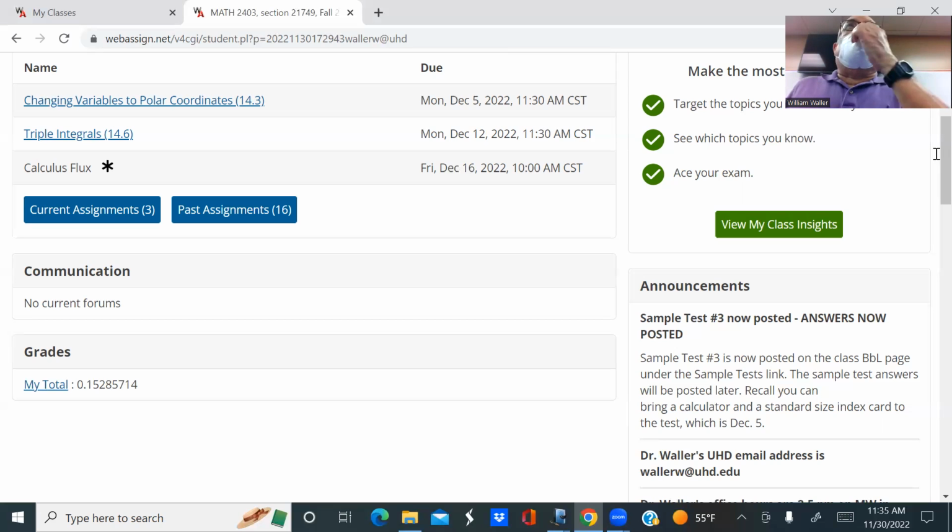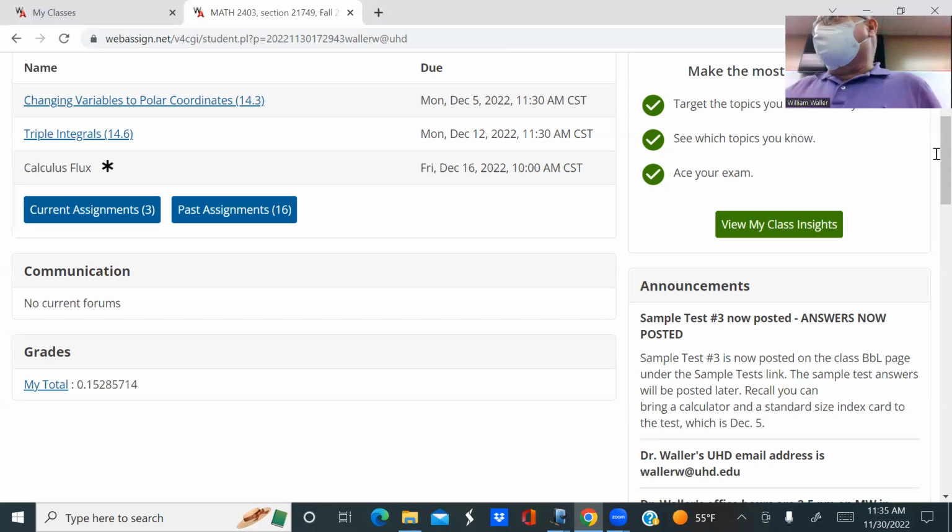Now some of you may be eligible not to take the final exam, depending on your test number 3 score, what your homework average turns out to be, and what your attendance is. Some of you will earn enough flux dollars, or are at least on the trajectory to earn enough flux dollars, to not have to take the final exam.